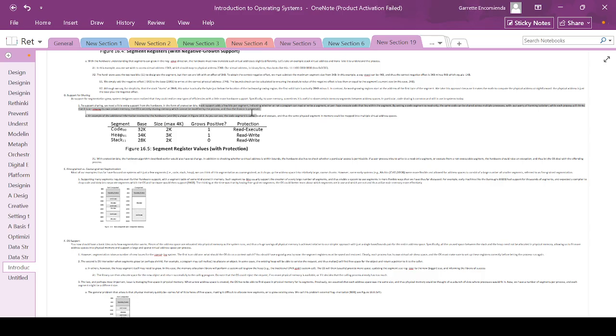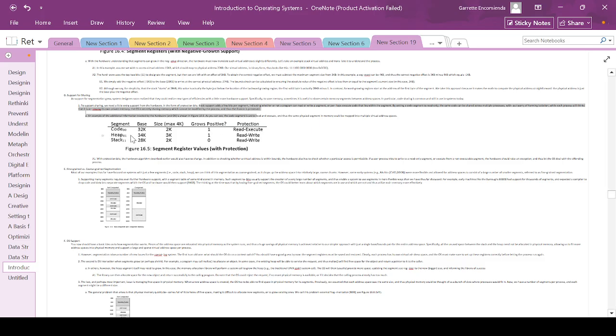An example of additional information tracked by the hardware and OS is shown in figure 16.5. As you can see, the code segment is set to read and execute. And the same physical segment in memory could be mapped into multiple virtual address spaces.